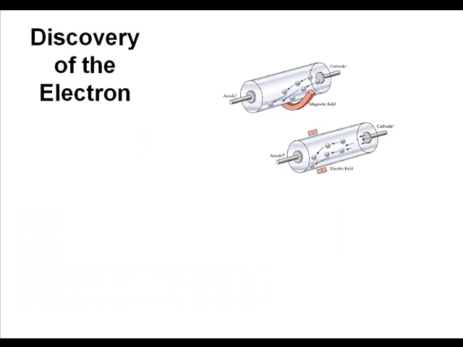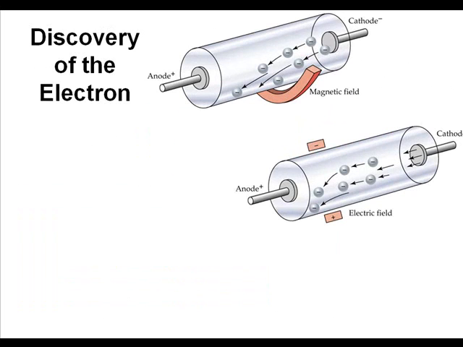So he then proposes that there in fact are electrons, and that what was happening was electrons were being emanated from the cathode side of the cathode ray tube, and that when you subjected a magnetic field to it, you would bend it because the charged particles were being attracted to the magnetic field.